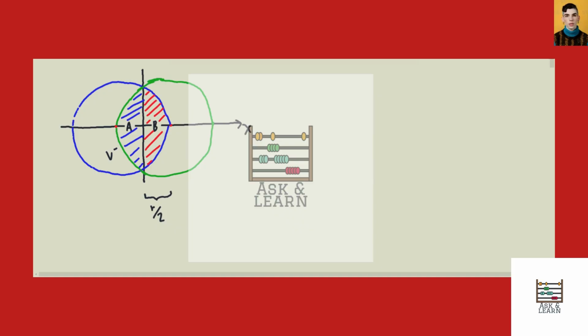We call this the x-axis, and we are going to call it B plus, this one that is in red. And so the total volume that we are going to obtain is just the sum of these two, and since they are the same, we obtain this.